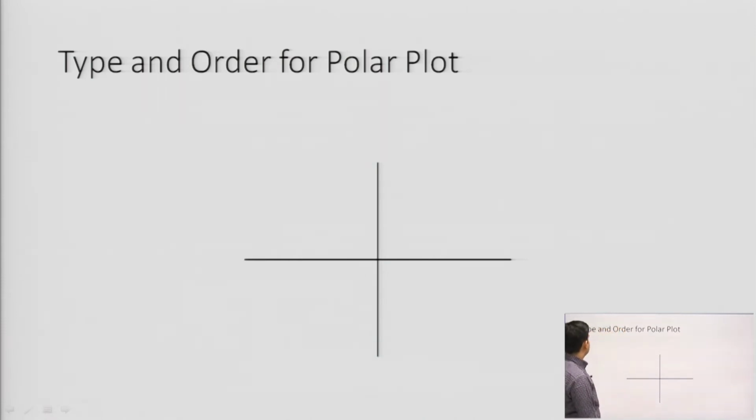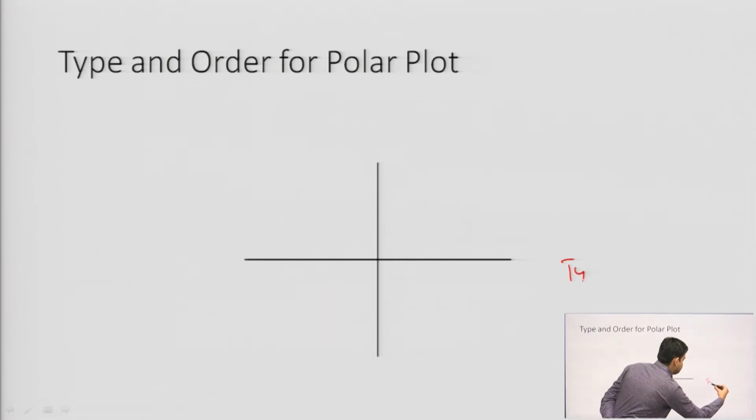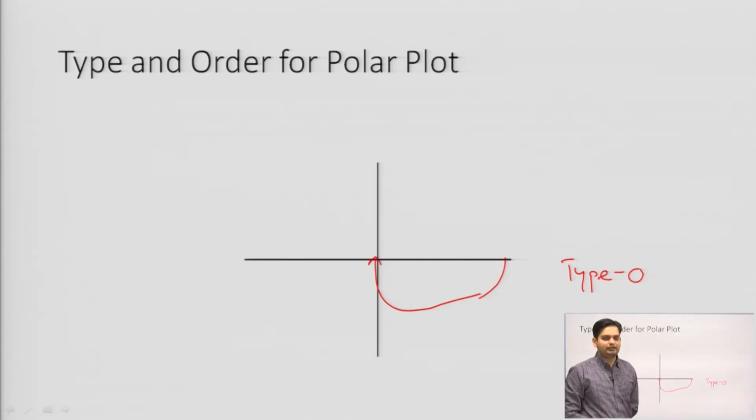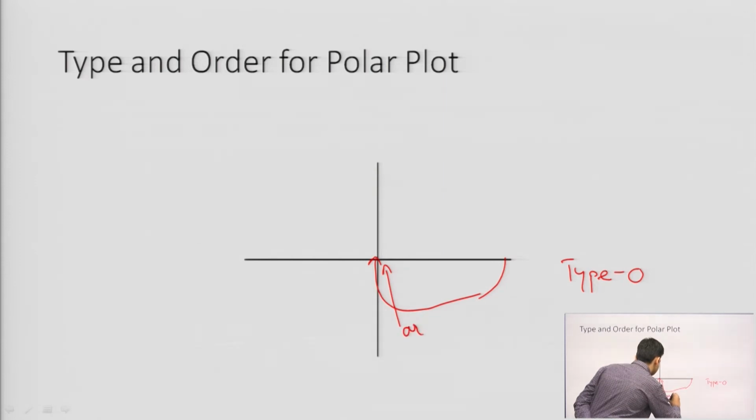Now, we would like to see basic type and order. When we discuss a type 0 system, it means no pole lies at the origin, and my polar plot always starts from here, and if it is order 1, it will terminate towards minus 90. So, order 1 will terminate at minus 90, right.